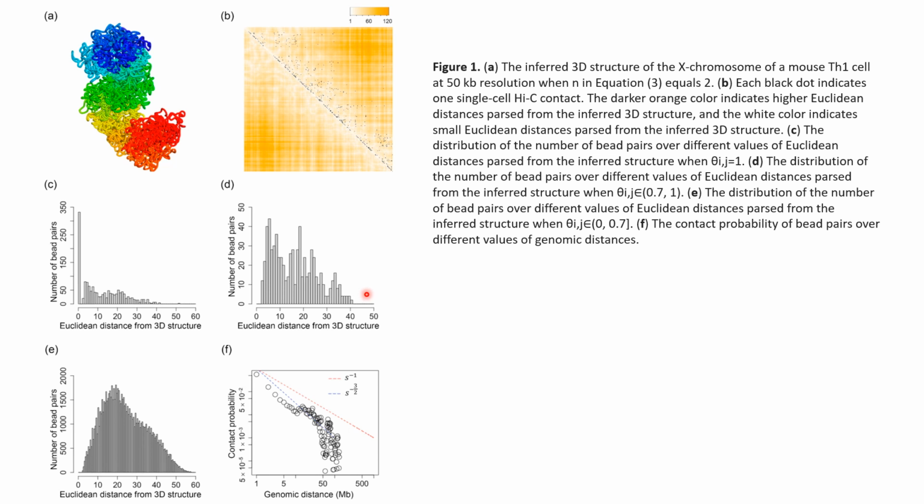E. The same distribution with delta ij between 0 and 0.7. F. The contact probability of bit pairs over different values of genomic distance.